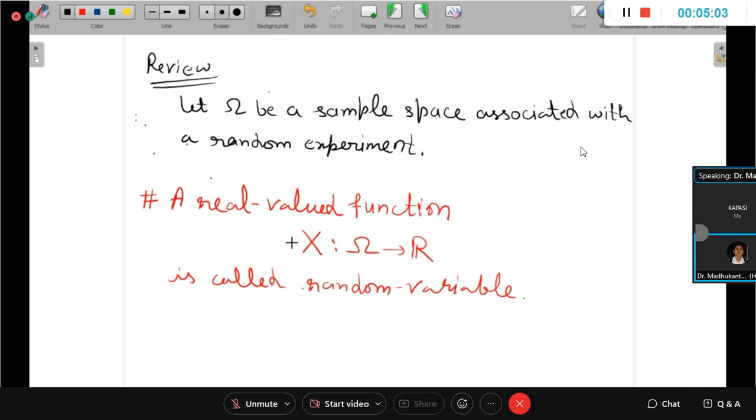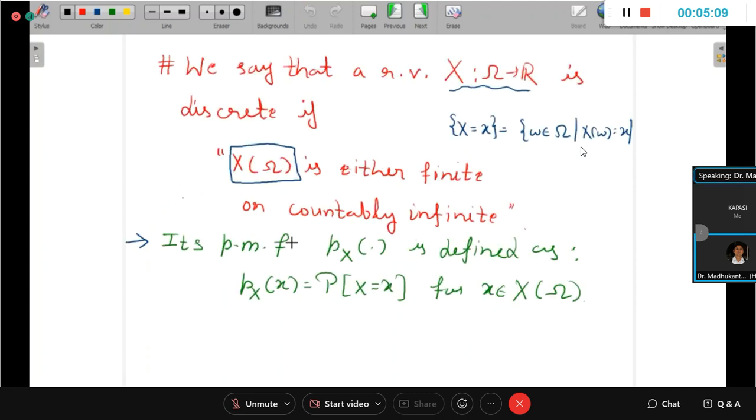Right, and we have defined a discrete random variable as well as a continuous random variable.